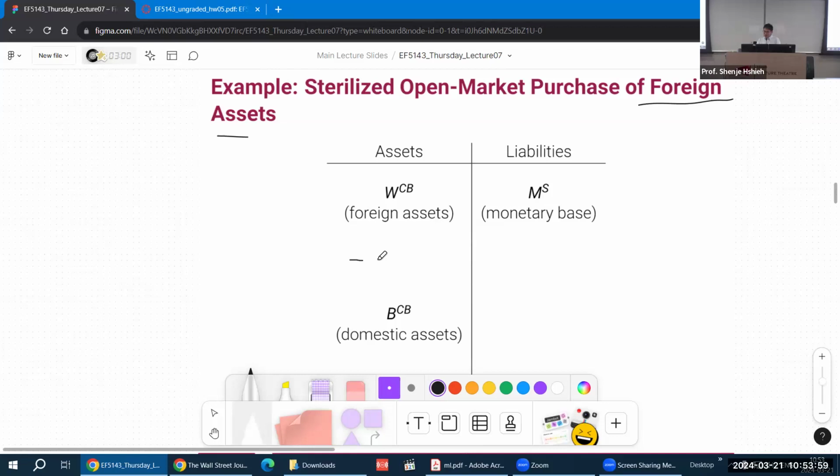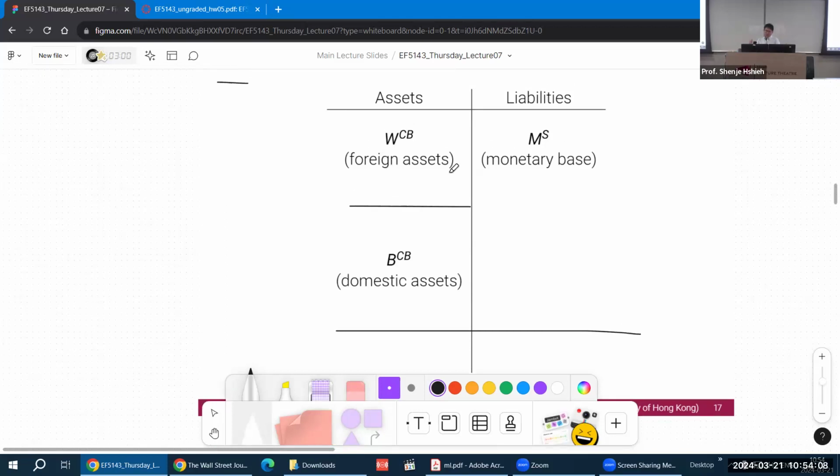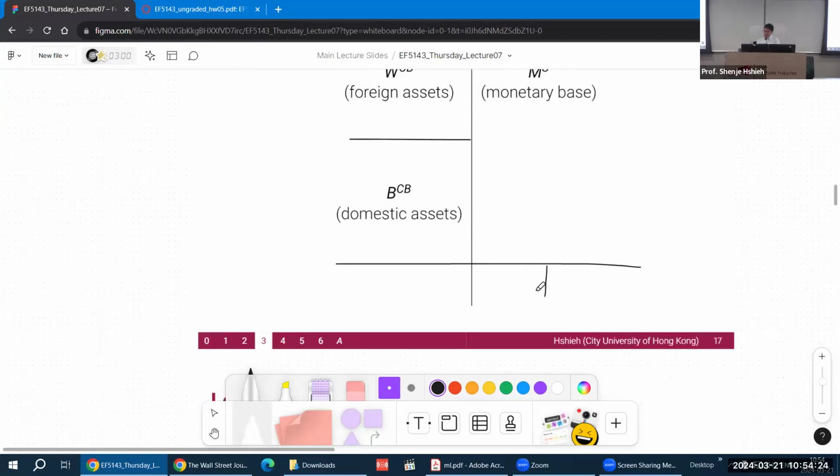So let's have a starting point. Suppose we have the following balance sheet and we want to increase our holdings in foreign assets, assuming we are the central bank, the Federal Reserve or the PBOC or whatever. We want to finance our purchase of foreign assets by printing money. So what's going to happen as we print money? Liabilities increase.